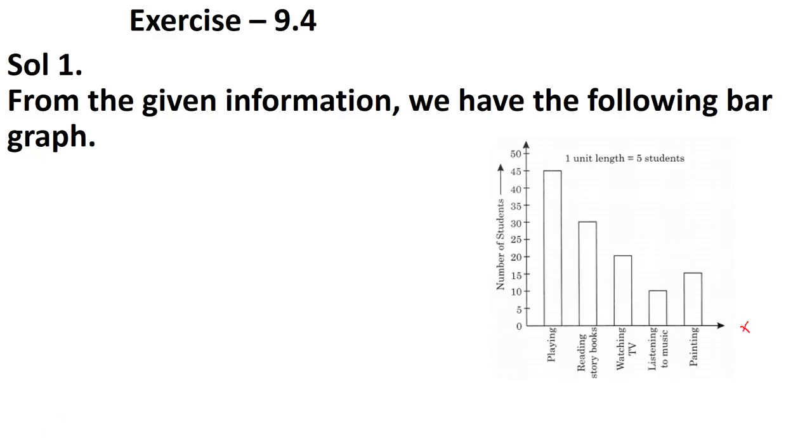this is the x-axis and this is the y-axis. On the y-axis it is written number of students. In the same way, on the x-axis you have to write down here preferred activities. It is given in the question. Okay, what are playing, reading storybooks? These are preferred activity.